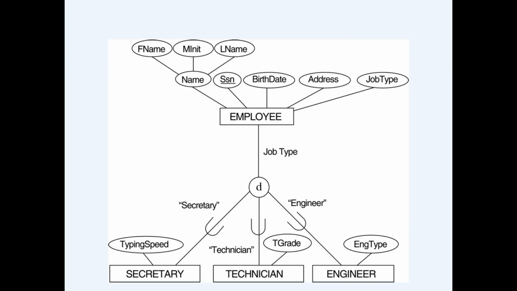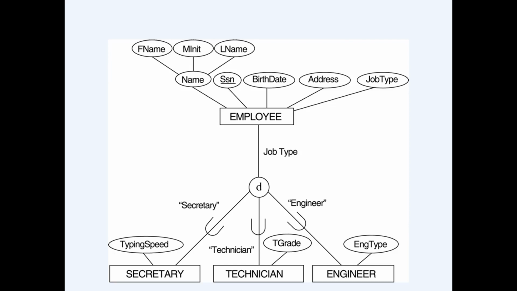So if you are creating tables, how many tables are you going to create for this? Are you going to create one table, or a table structure? We have four tables. It'll be 4 tables. Okay.